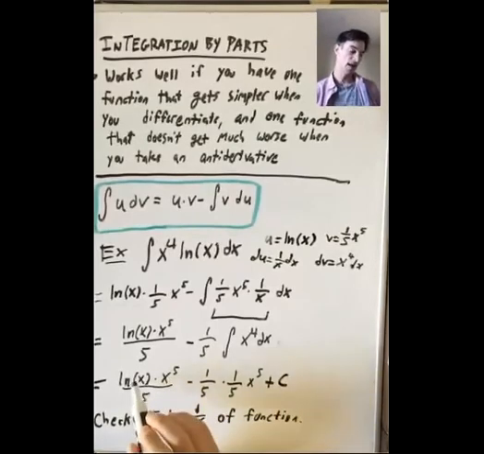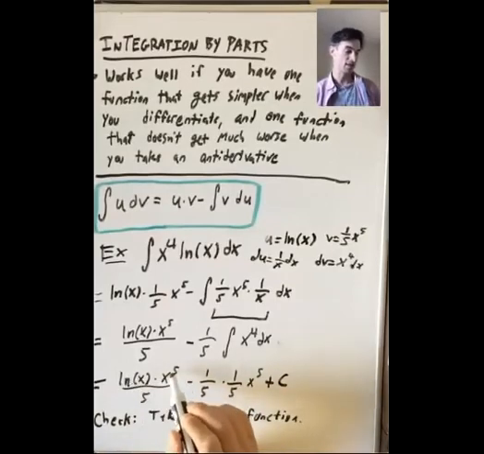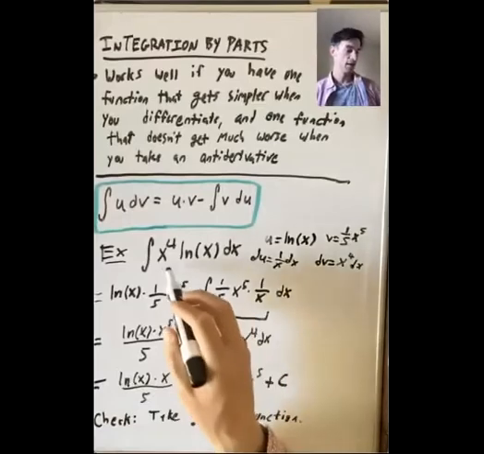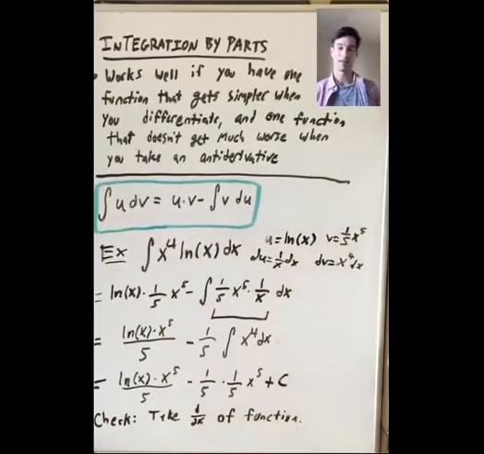You'll have natural log of x times 5x to the fourth over 5 plus 1 over x times x to the fifth over 5. And everything is going to cancel in such a way that what you're left with is x to the fourth times natural log of x. So this is our first example.